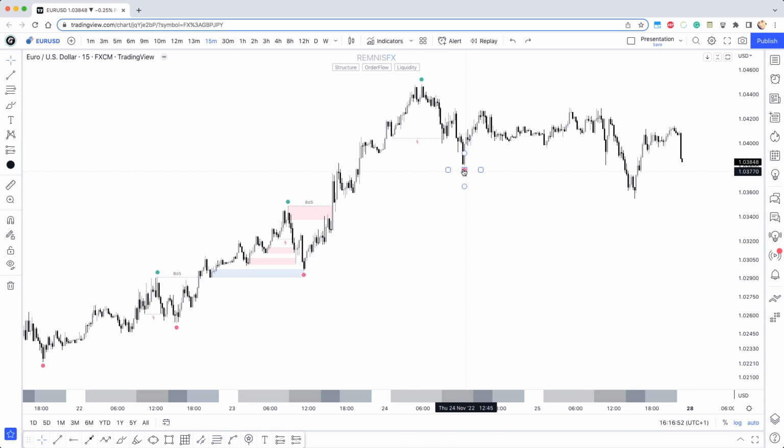Your real change of character is happening here, because this is your valid new lower low. This would be your lower low, then your higher low, and then your lower low. So you are seeing a change of character in the making.